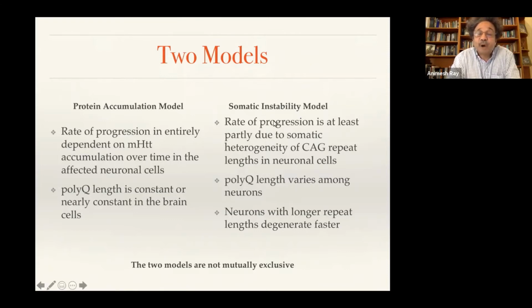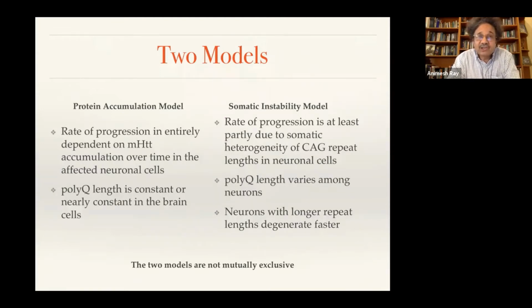And then there is a less popular model. In fact, nobody believed this, I would say 6 years ago, but now people are beginning to wake up to it. And that's the somatic instability model. A person who gets, let's say, 40 repeats, the CAG repeat in the DNA is unstable somatically in the embryo and perhaps even the fetal brain, as well as in early childhood, and perhaps even in older patients.